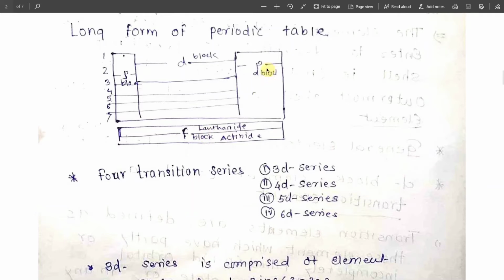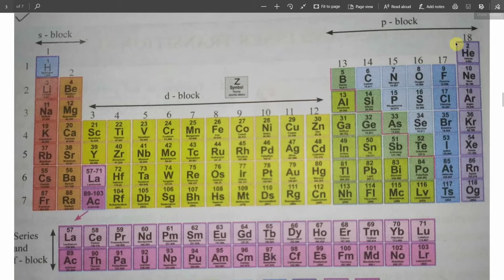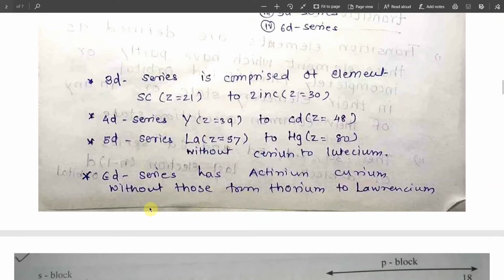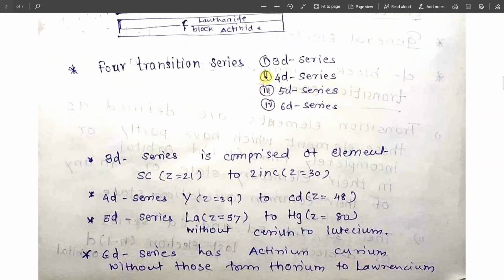This is the skeleton of the long form of the periodic table: S block, D block, P block and F block. The P block also includes the zero group elements.